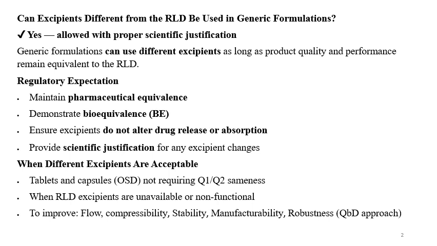If you meet the requirement of bioequivalence, stability, and consistent manufacturing, you can use other excipients. Sometimes there are patents which claim the excipients and their ranges. That time also you can use other excipients.